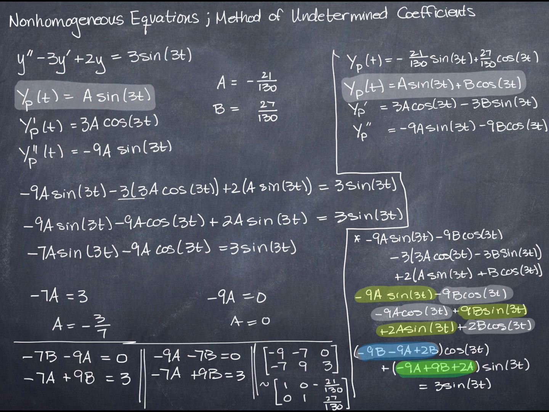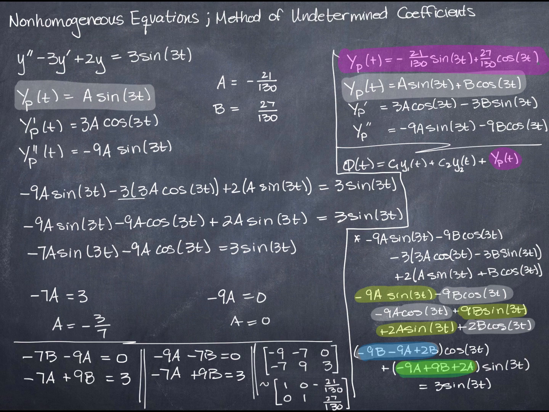If you're asked to give the general solution, then we need to write that as phi of t equals c1y1 plus c2y2, plus y sub p, where y sub p is this thing that we just found here. And in that case, since I did not start by solving the characteristic equation, I would need to do that now.